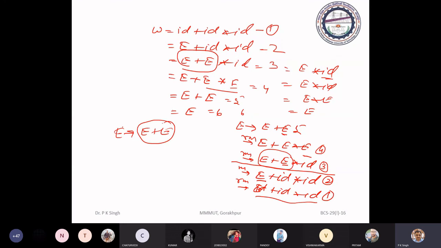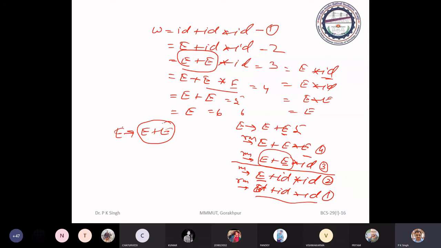Actually, how this parsing is implemented, we use a stack and input buffer. We shift character by character in search of a substring matching the right side of any of the productions.